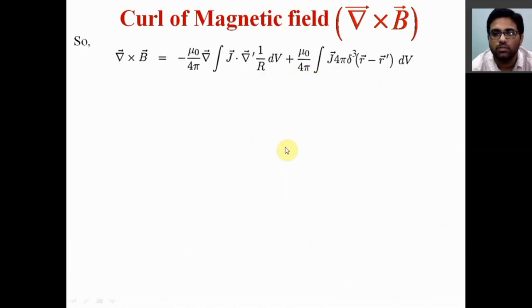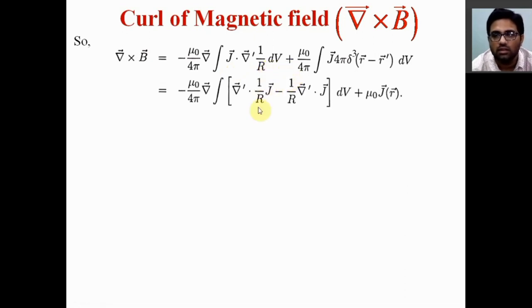Now let's further simplify it. So here we can write j dot grad prime 1 by r equals del prime dot j by r minus 1 by r del prime dot j, and here j is a function of r prime, right, and dv is also a function of source point coordinate, and this is a delta function which is 0 other than at r prime equals r point.